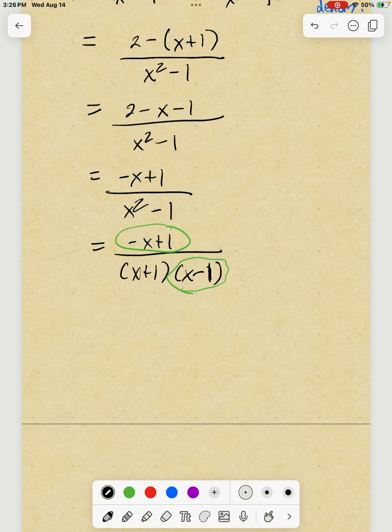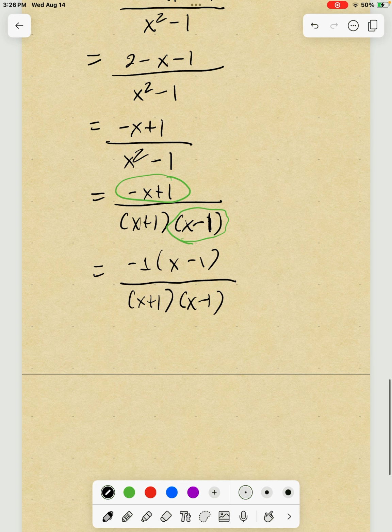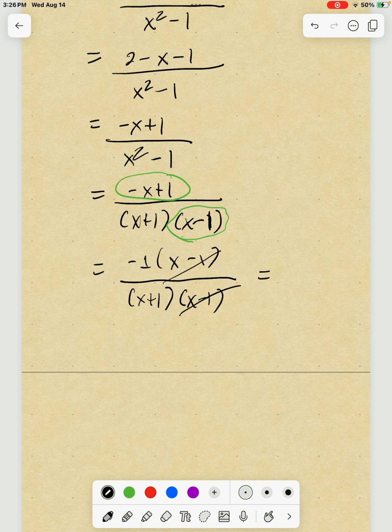In other words, if I factor the negative 1 out of the top, then I'll be left with x minus 1. And the bottom stays the same. And then these x minus 1's cancel, and so I'm left with negative 1 over x plus 1. So that's the simplest form it can be.